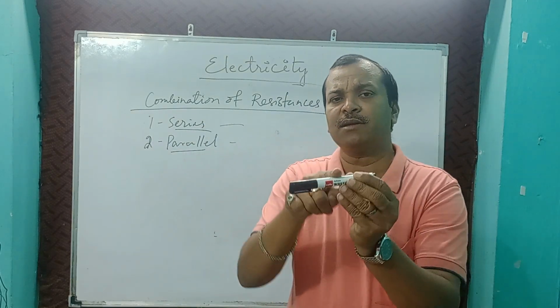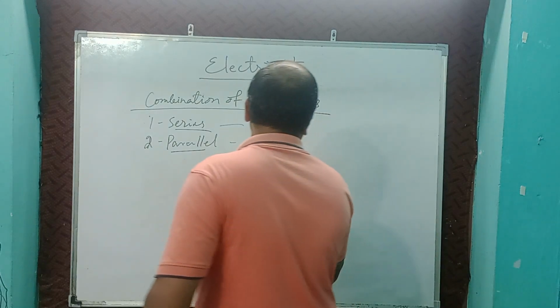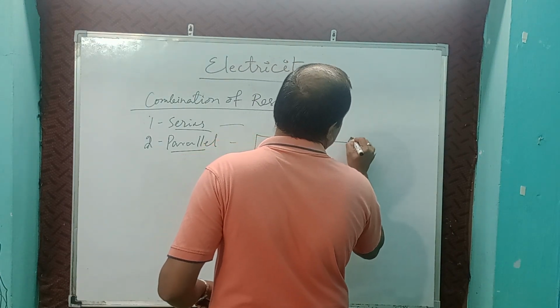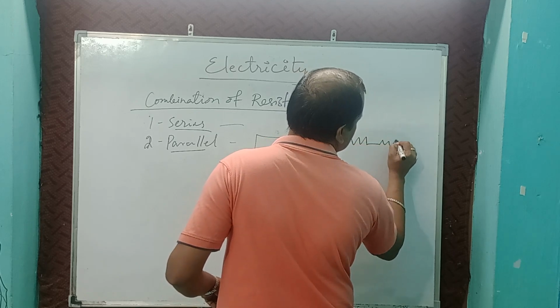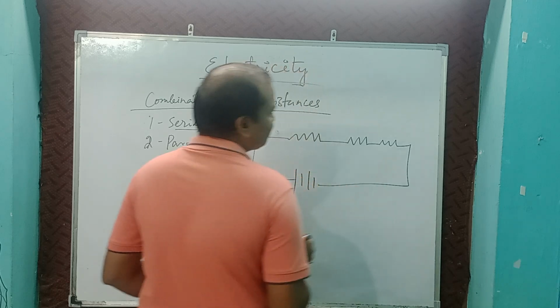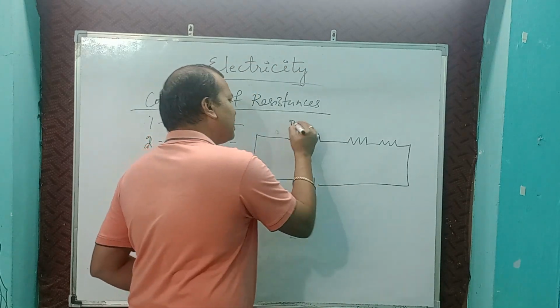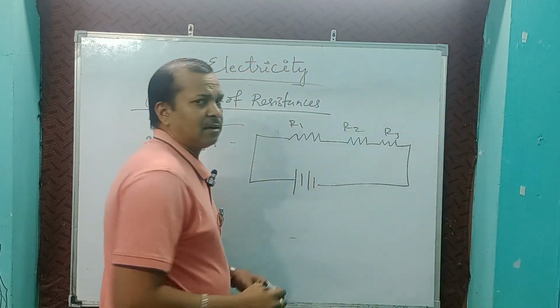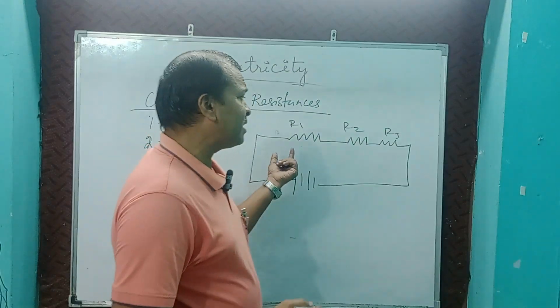Here one resistor, here another one, here another one, like this. This is the symbol of resistance. This is another resistance, and this is another resistance. You can say it is R1, R2, and R3.